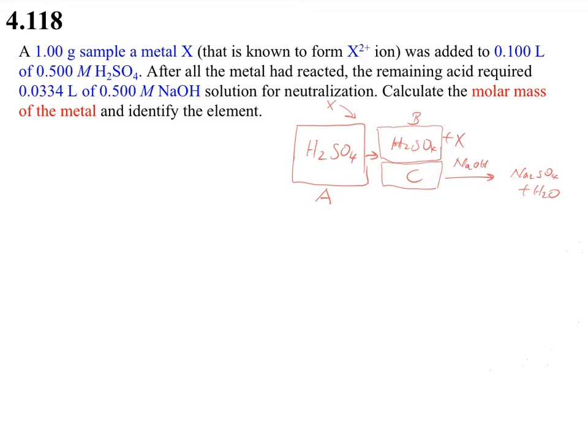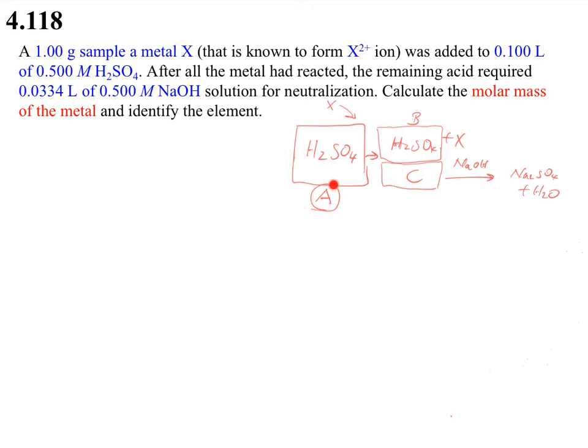So we know the molar number of sulfuric acid in A. That's the beginning of the whole solution of sulfuric acid. And can we calculate the molar number of sulfuric acid in C that reacted with sodium hydroxide? The answer is yes. That's the acid-base titration.